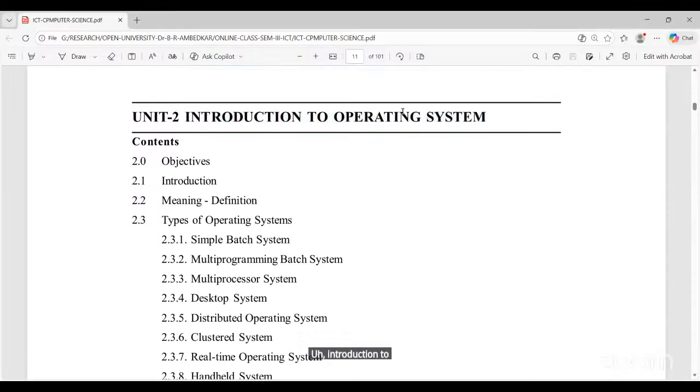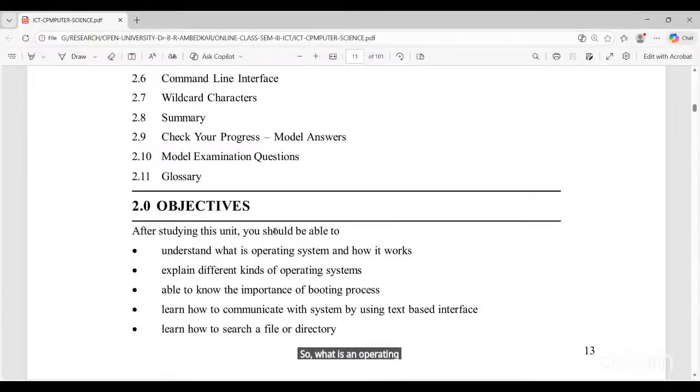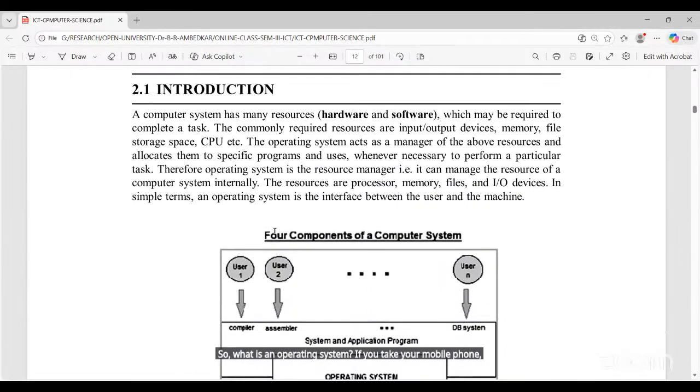Introduction to operating system. So what is an operating system? Your mobile phone has an operating system.